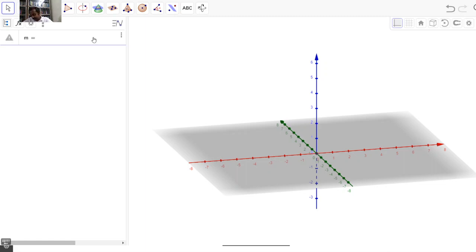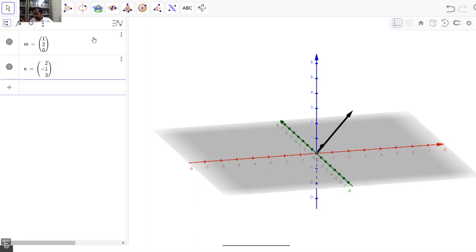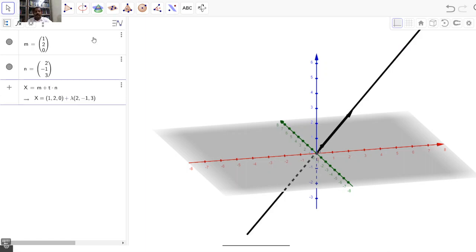So you specify m as 1, 2, 0, so that's a vector, and you specify n as 2, minus 1, 3, and you can plot x as m plus t star n. Okay, you have this.